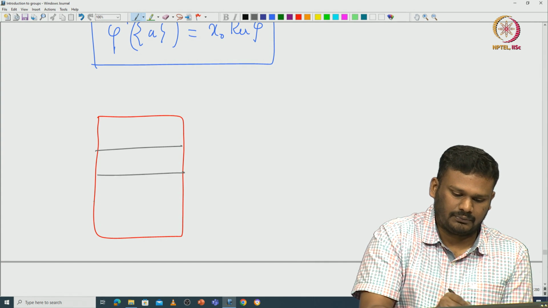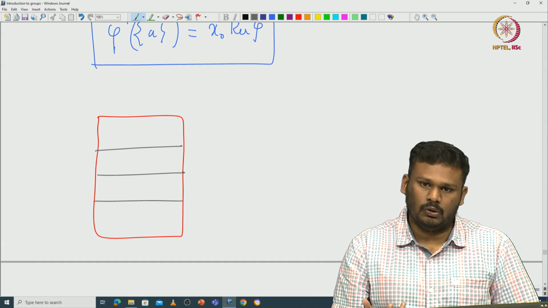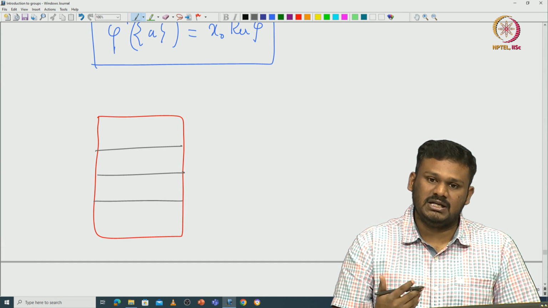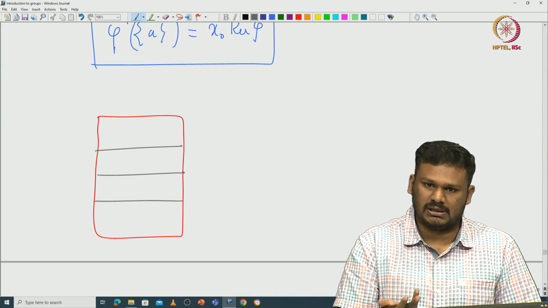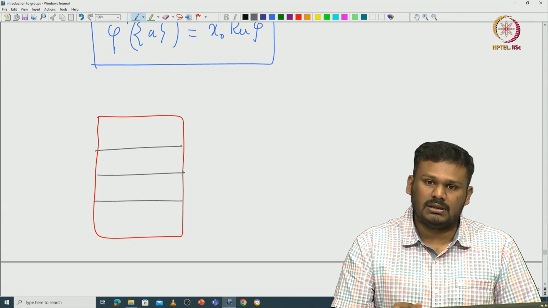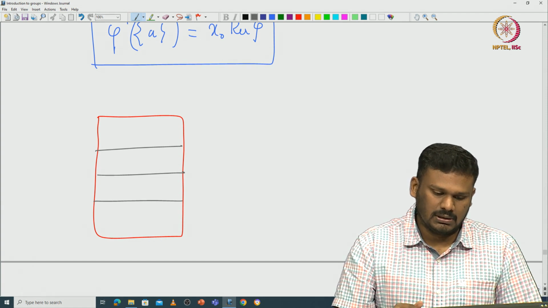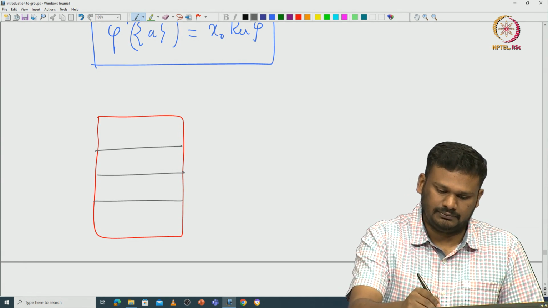Because, like I said, the kernel phi is a subgroup, and with respect to that subgroup, G is a union of cosets. Because the kernel is normal, left cosets or right cosets make no difference, they are all equal. But what we indeed observed is that each coset is mapped to one single element inside G dash.